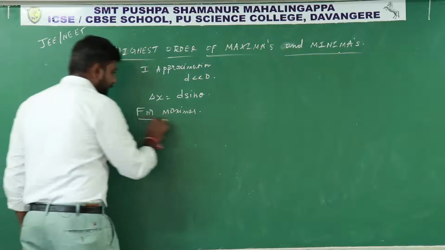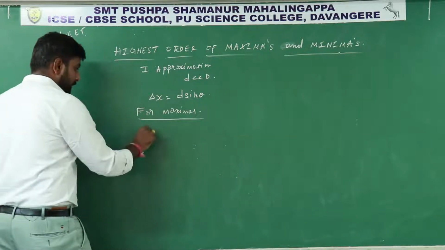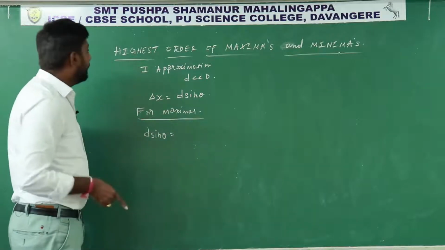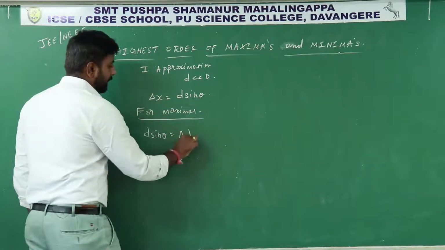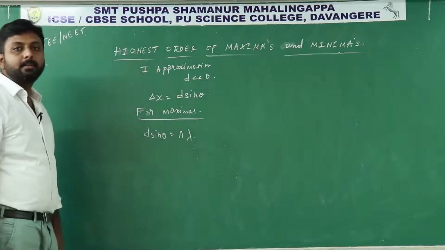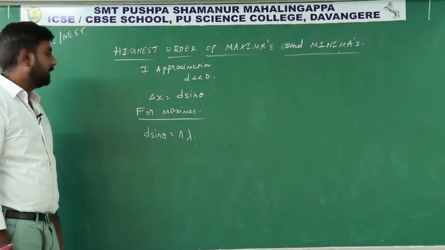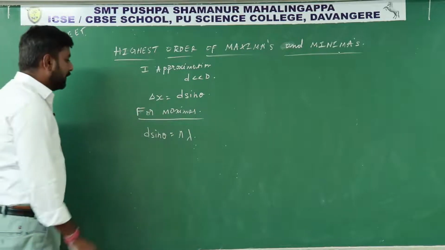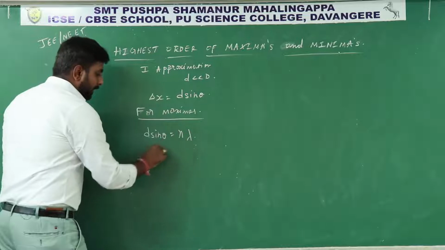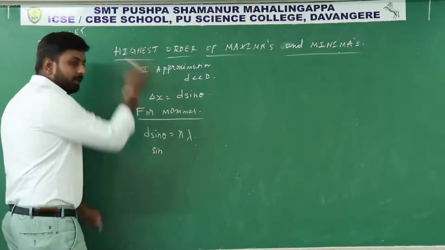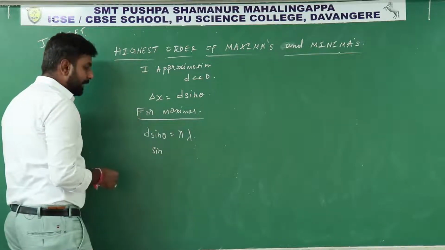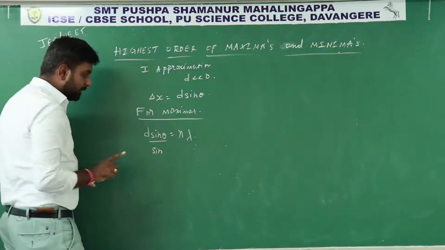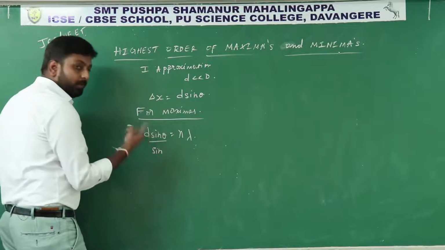For maximas, means bright fringe, this path difference d sin theta should be equal to n lambda, isn't it? This is the condition for maximas or bright fringe. Here the nth order, highest order bright fringe we have to find. So n becomes maximum when sin theta becomes 1.